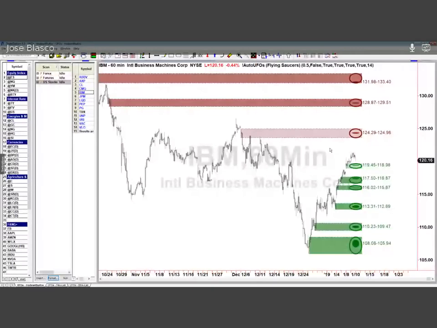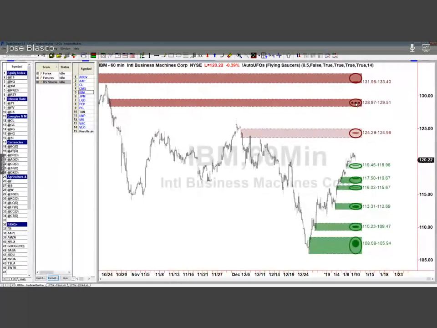And I said UFOs with an F1 because, when IBM rallies to this red UFO, well, certainly from there it's likely to fall. But if instead of relying on that red UFO, I was to rely on two or more, well, then now it's going to be even more likely to fall.